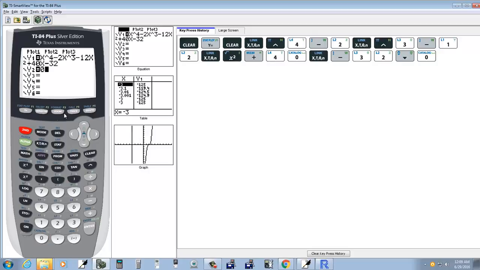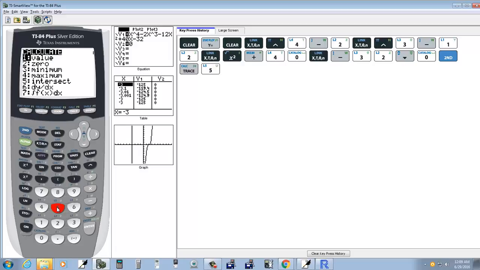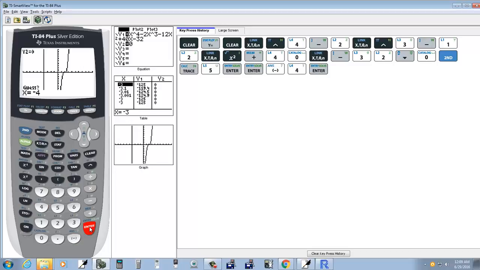Okay, now I'm going to do a second trace, and I'll choose intersect. Now it looks like -4 is one of them, so in our first curve, in our second curve, let's put in -4. And it does come back and tells us the intersection is x equals -4.